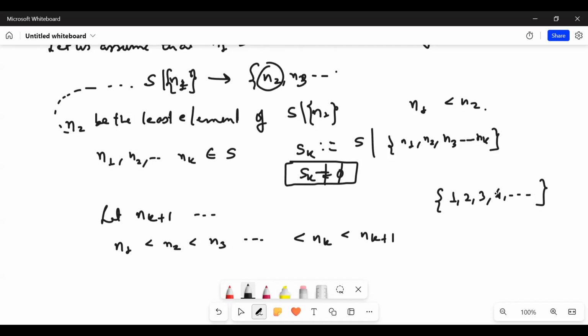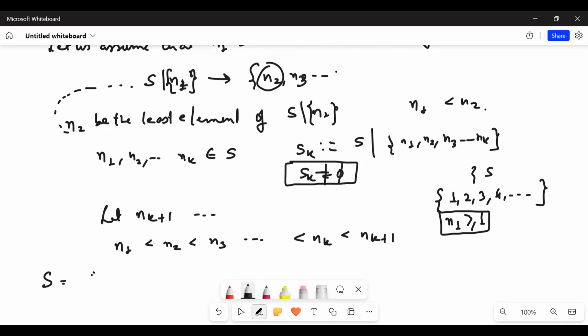So in any case, remember, whatever the subset, let's say S is any subset of N. And if I'm claiming that n1 is the least element, in any case this n1 should be either equal to 1 or greater than 1. Understand my point? Let's say S is any subset. Now, understand that the least element in the natural numbers is 1. So the first element, when we choose to take it out, n1 should in any case be greater than or equal to 1.